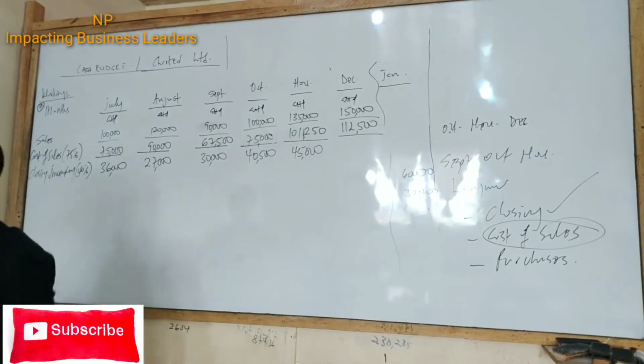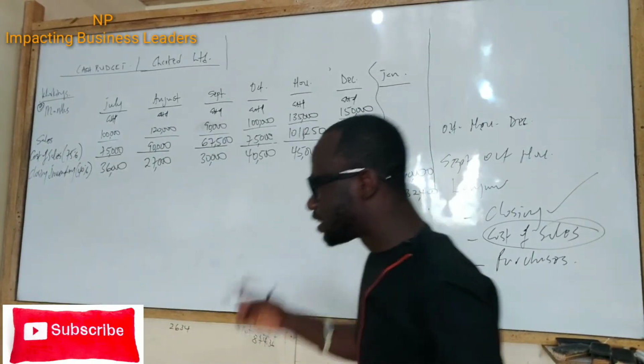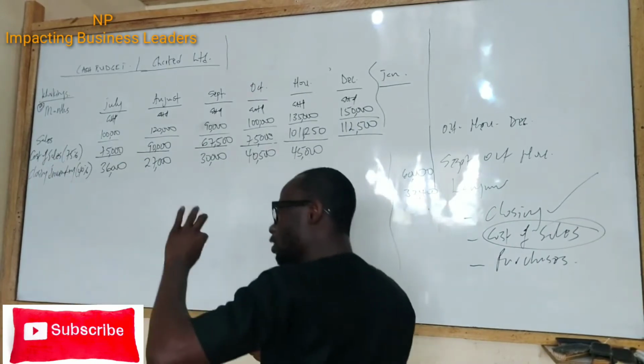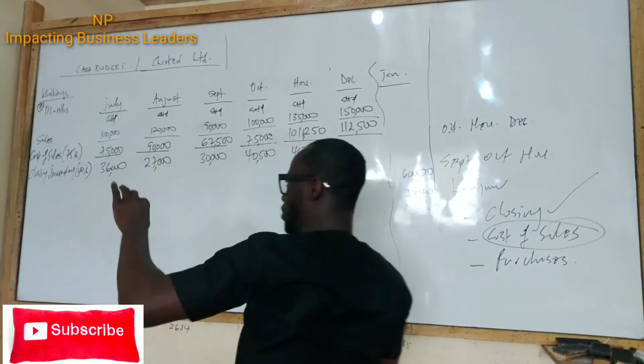So these are the closing stocks respectively. It says the closing stock is 40% of the next month's cost of sales.